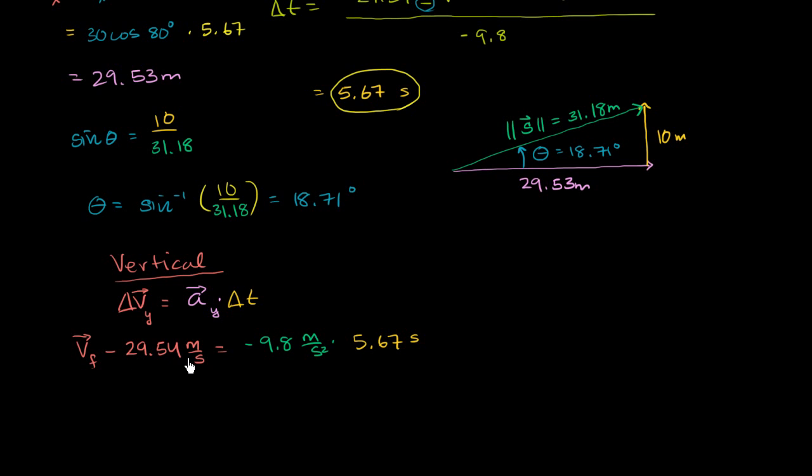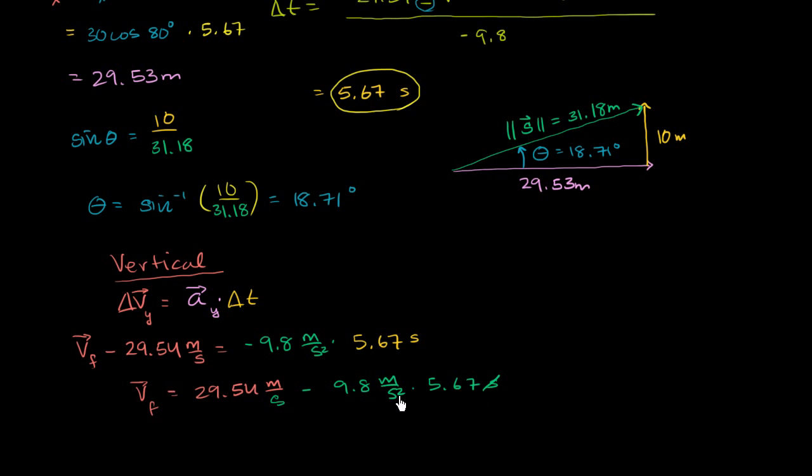If you add 29.54 to both sides, you get the vertical component of your final velocity. It's this vertical component. I didn't mark it up here properly. It is equal to 29.54 meters per second plus, I should say minus really, 9.8 meters per second squared times 5.67 seconds.